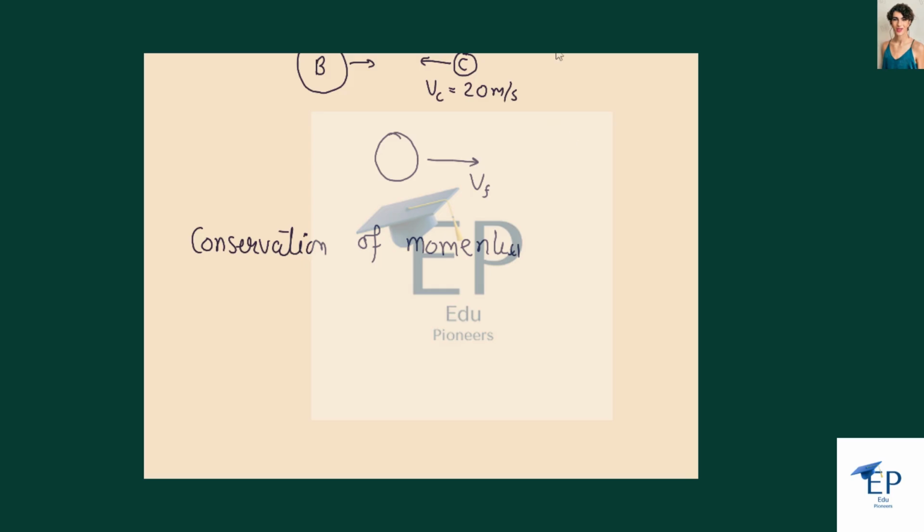So we know that initial momentum is equal to final momentum. Initial means before collision and final means after the collision.